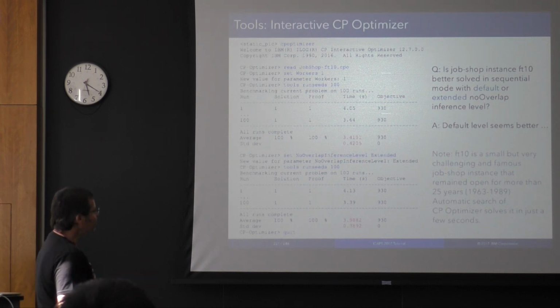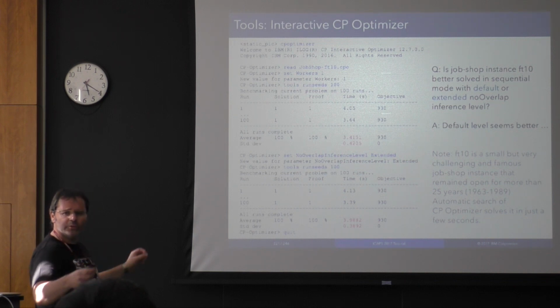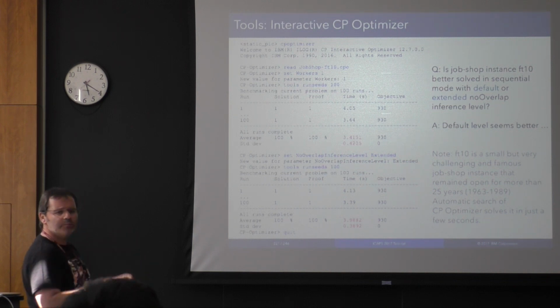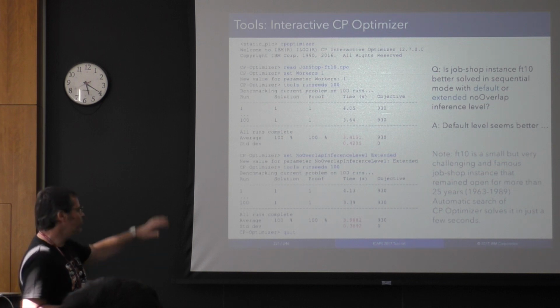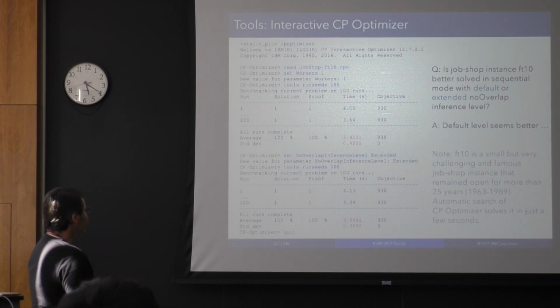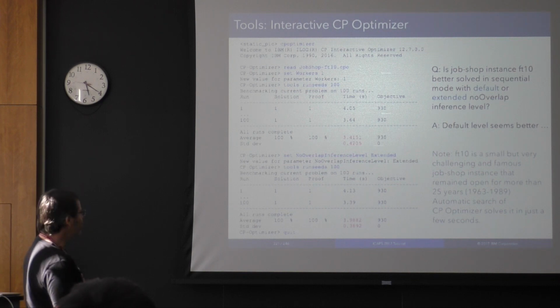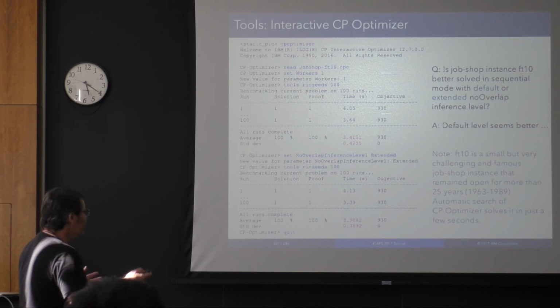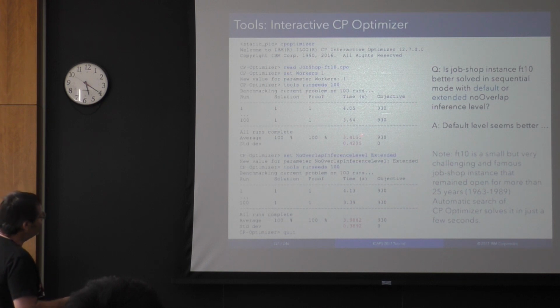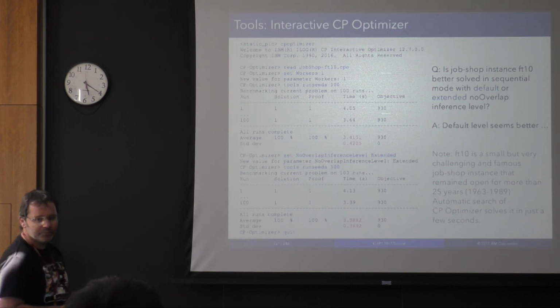Here, typically, to extend the propagation level of some constraints, to plug in some complex propagation algorithm for the no-overlap constraints. Then you run it on 100 different random seeds and get some statistics. And the answer would be, okay, it's not even clear, because of the standard deviation. It seems that the default, when we don't change the parameters, is slightly better, but it's not clear.